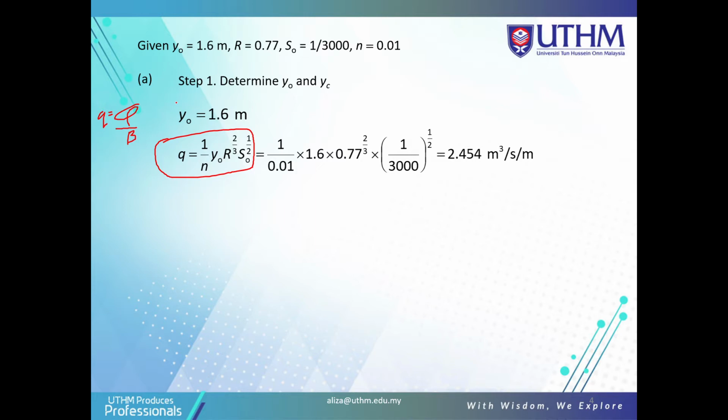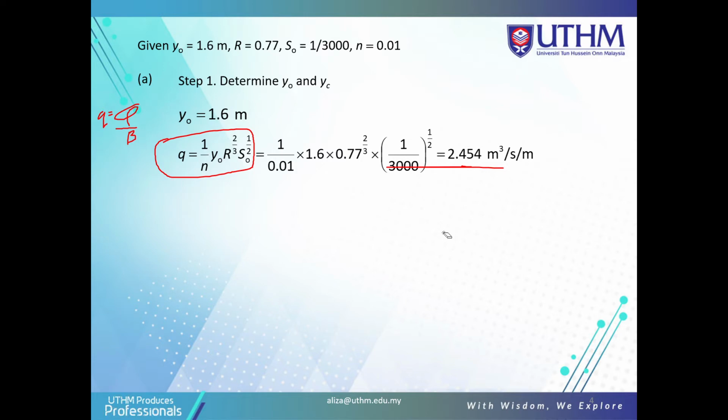Because we don't know the value of discharge, we want to find the discharge per unit width. So you just put the value here, y naught is 1.6 meter, R is 0.77 and S naught here, until you get the value of q, discharge per second per meter width.